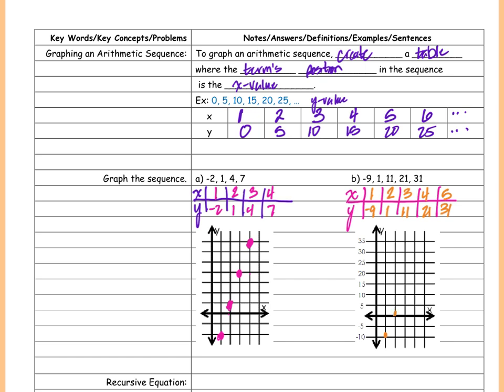And 3, 11 should be somewhere in there. And 4, 21. And 5, 31. So there's my 5 points right there. That's all. Is there any questions on how to make a table from a sequence?